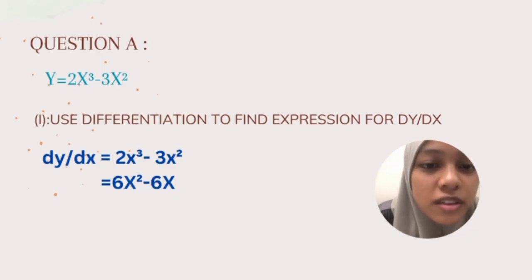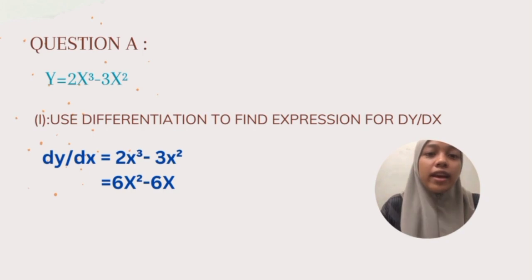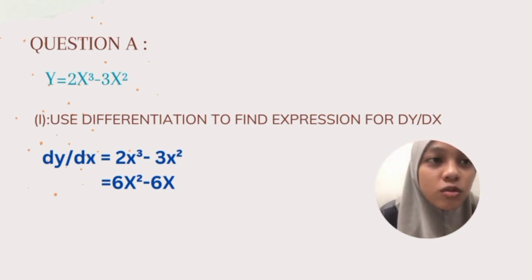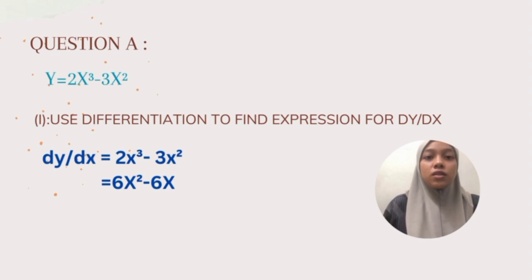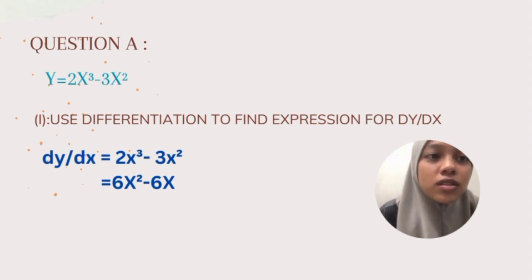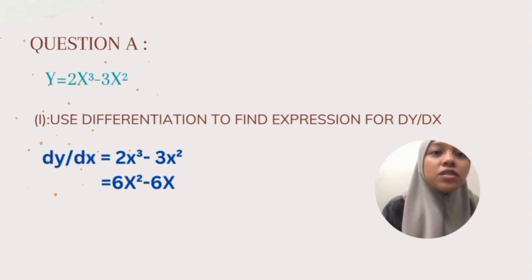So for the questions, we choose question A and F. Question A is y equals 2x cubed minus 3x squared. For number 1, use differentiation to find the expression for dy over dx.